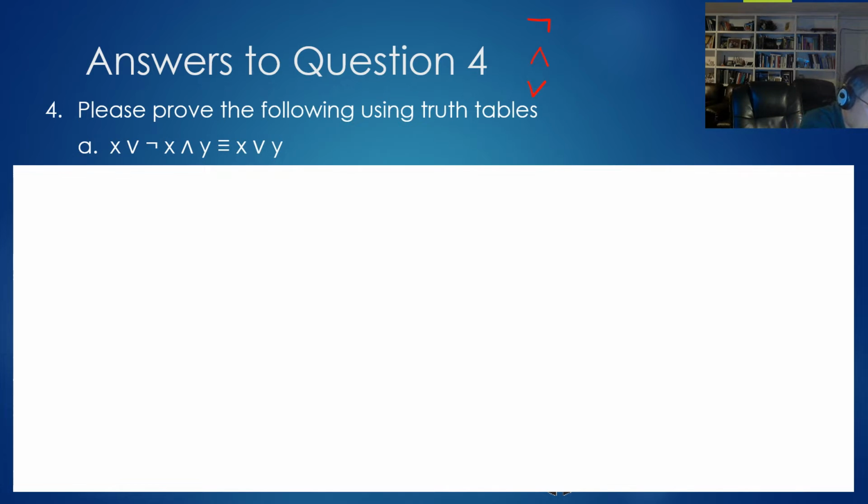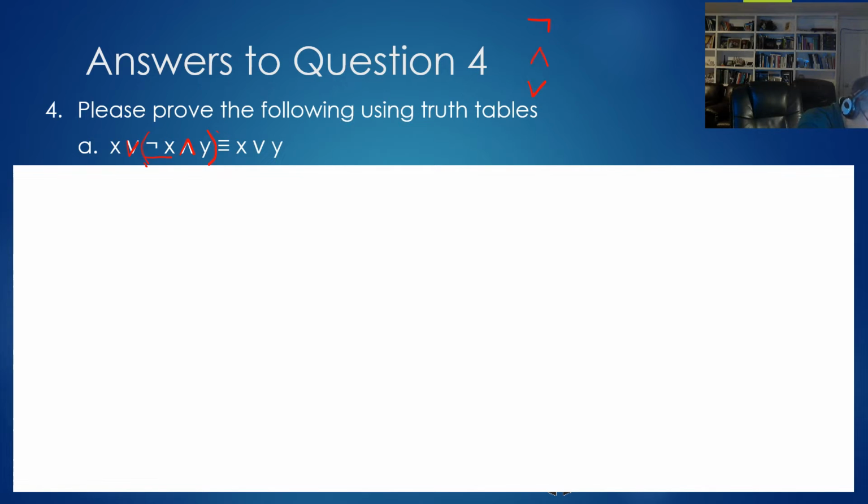So if you have an operation with negation of x, conjunction and disjunction, always evaluate the conjunction first. Okay, so you're going to evaluate it like this.